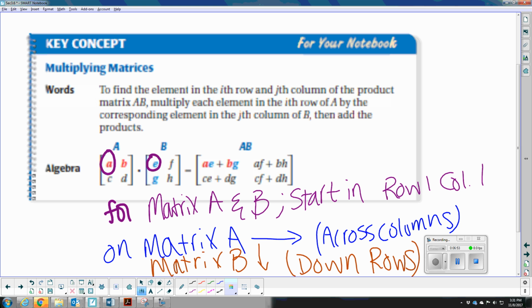Okay, so here, matrix A, we're moving across. Matrix B, we're moving down.